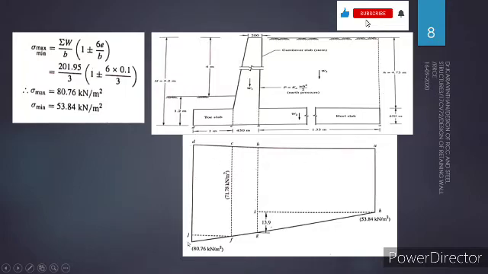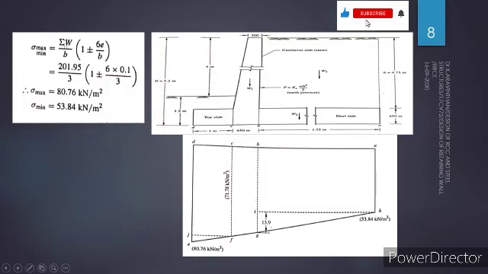So this force transferring mechanism should be drawn here. To find this intensity, you will be using sigma, stress minimum and maximum. Due to the force acting at one side, you will have the maximum force at the toe slab area. So sigma maximum will be at the toe slab area and sigma minimum will be at the heel slab point.